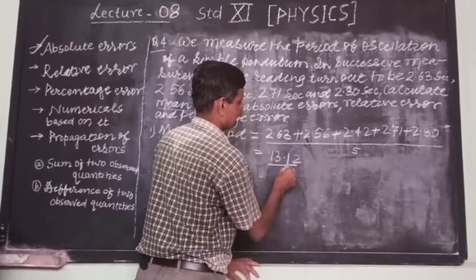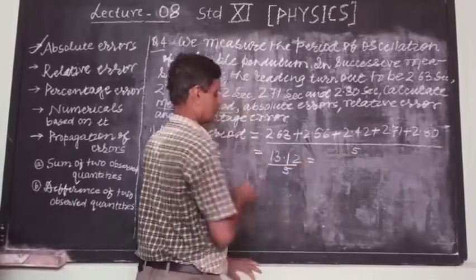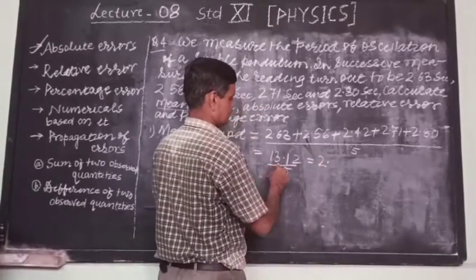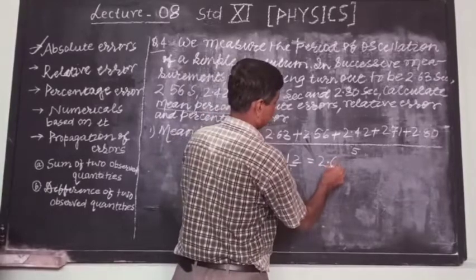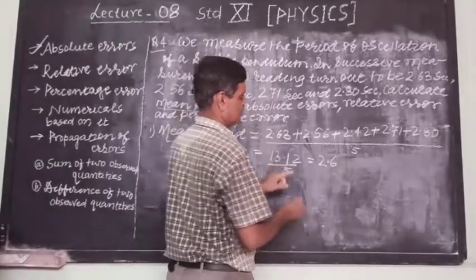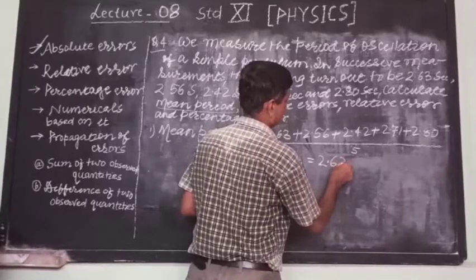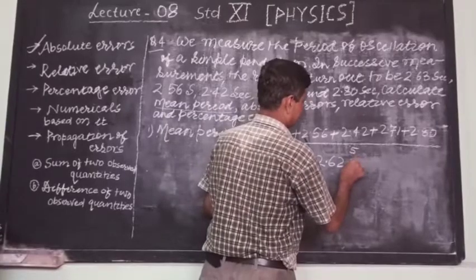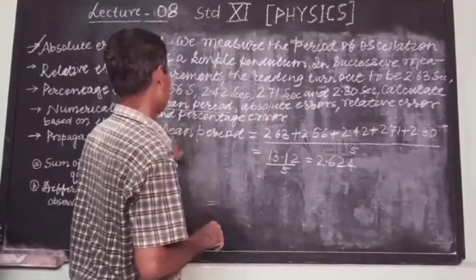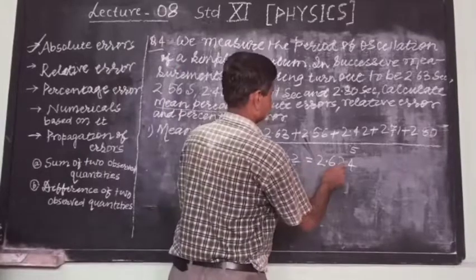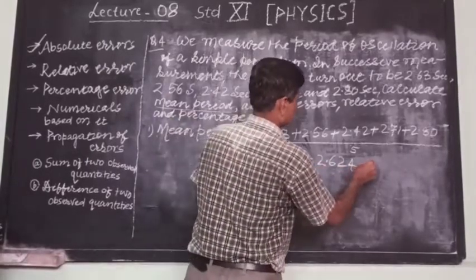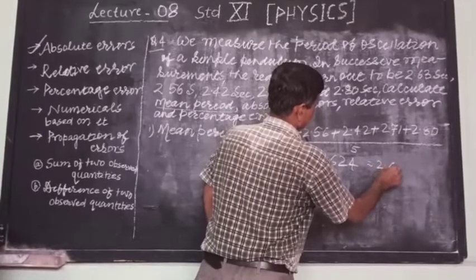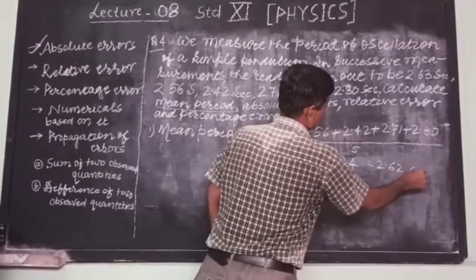Divided by 5: 5 twos are 10, 3 remains, 31. 5 sixes are 30, 1 remains. 5 twos are 10, 2 remains, 20. 5 fours are 20. This is the mean period, so you can also write it as 2.62 seconds.